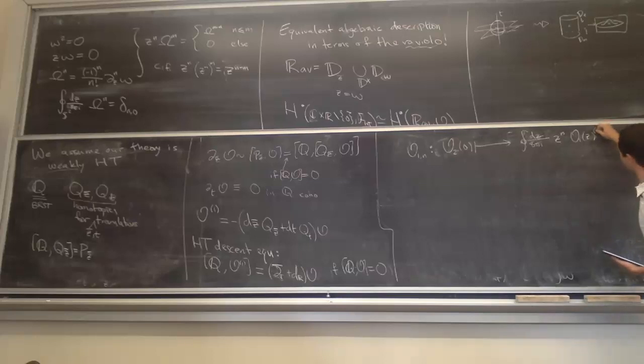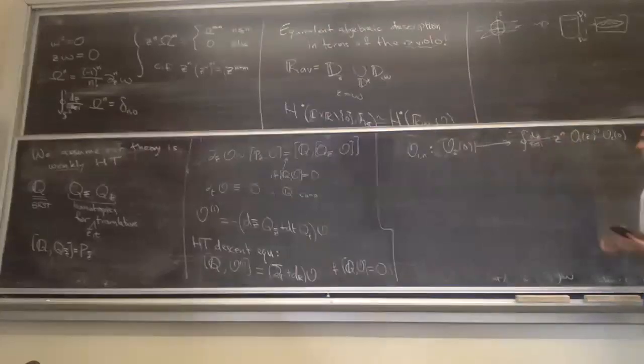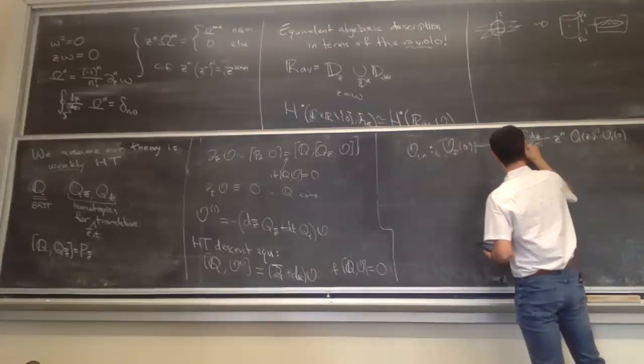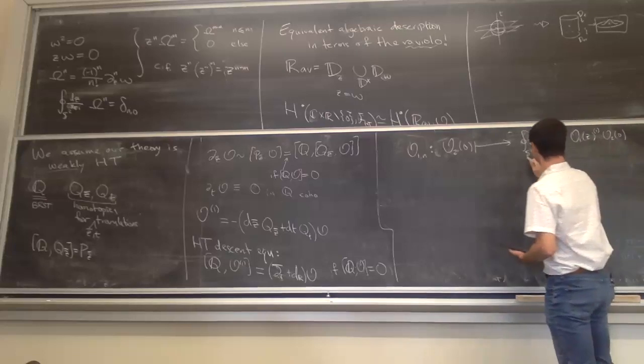And here I take one descendant. So this is a 1 form. With that extra factor of dz, I get a 2 form. And I can integrate it over this 2 sphere that we've been talking about before. So this should look exactly like what we had before, but now we have a descendant here. And we're integrating over a 2 sphere.